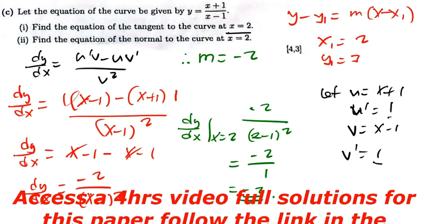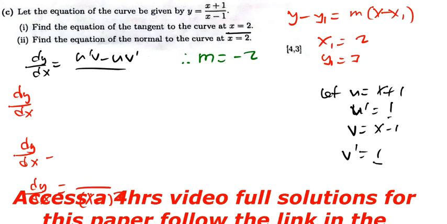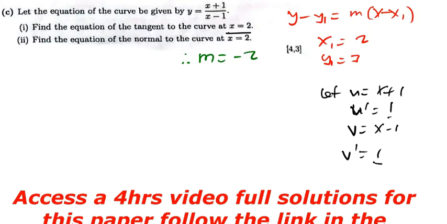Then now you can go ahead and find the equation of the tangent. So you just plug in the values. y minus y1, y1 is, we found 3, the gradient is negative 2, x you put the way it is, then x1 is 2.